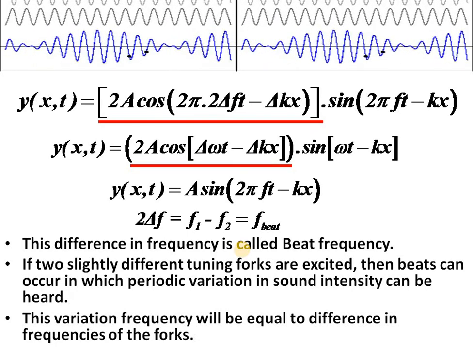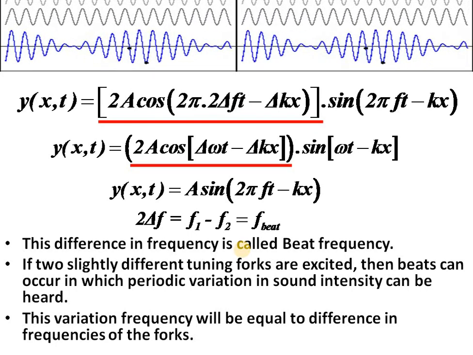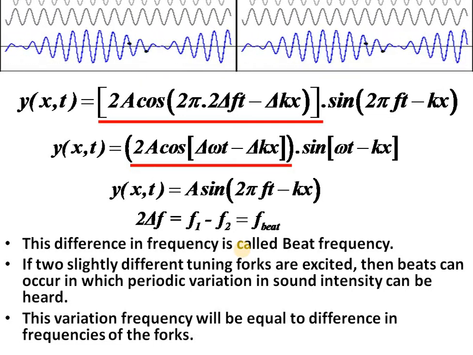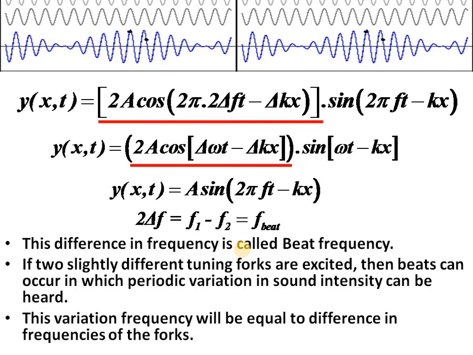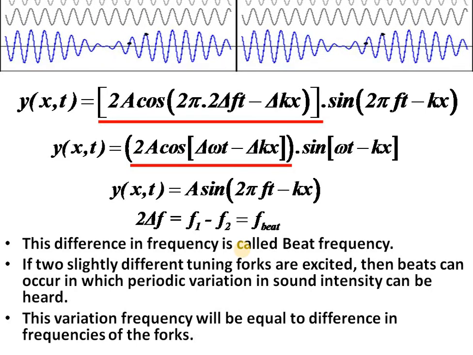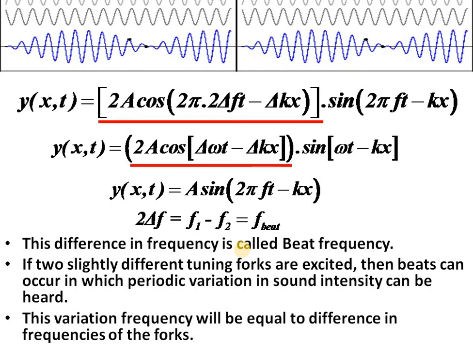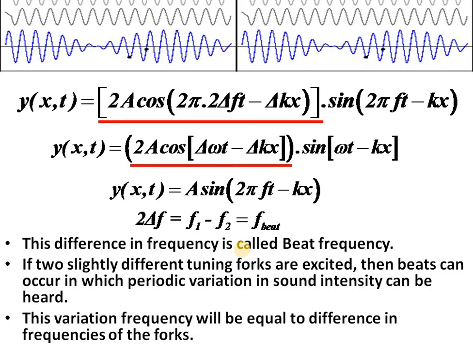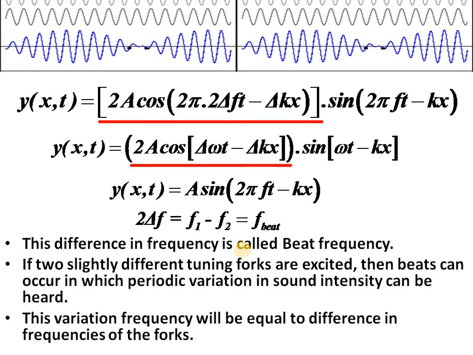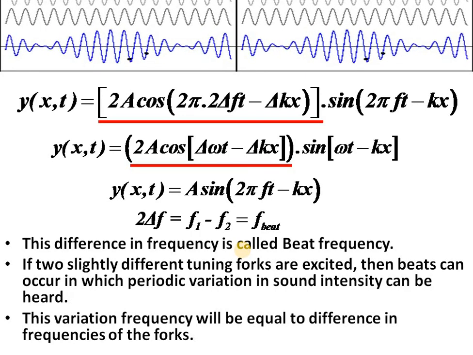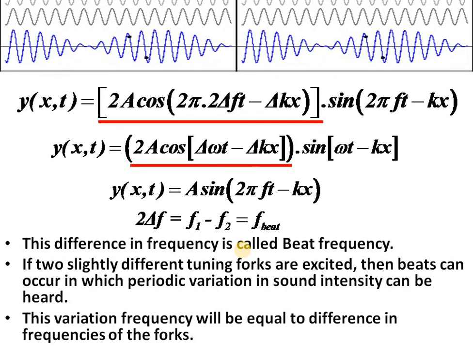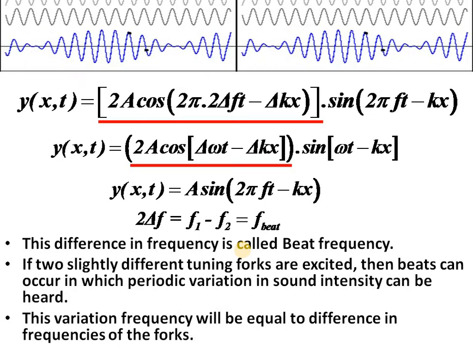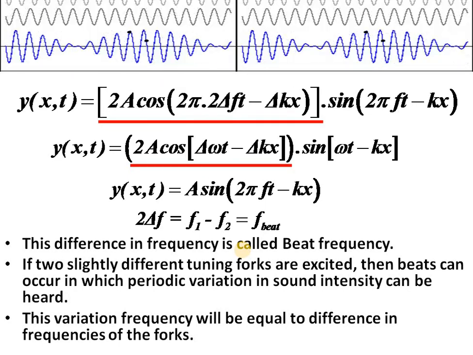If you want to make it more audible, suppose you make it 2 hertz. Suppose you have a tuning fork of frequency 200 and another one of 202. Then how many times will you hear the peaks? 2 times per second. That means your beat frequency will be 2 hertz. In every second you will hear the peak intensity 2 times, beat, beat, like that.